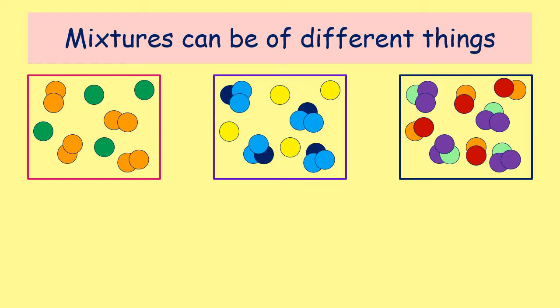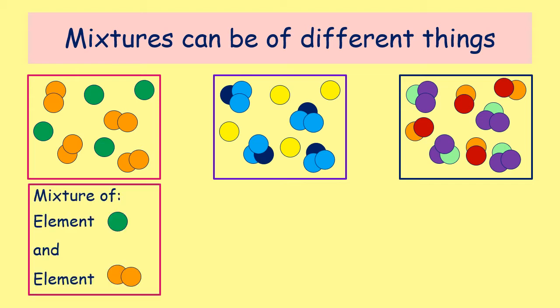Now, if we just look at the orange atoms, ignoring the green ones, we can see that those orange things are only made up of one type of atom, so that would be an element as well. And so that first box is a mixture of the element made out of green atoms and the element made out of orange atoms.